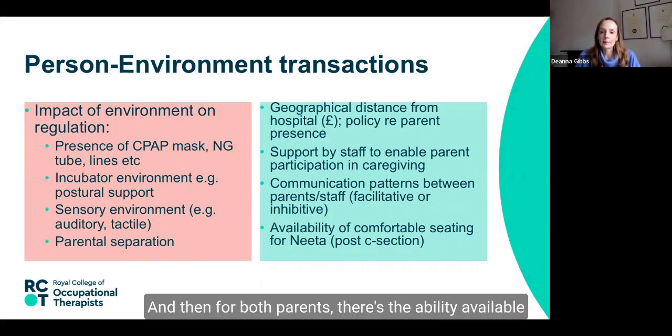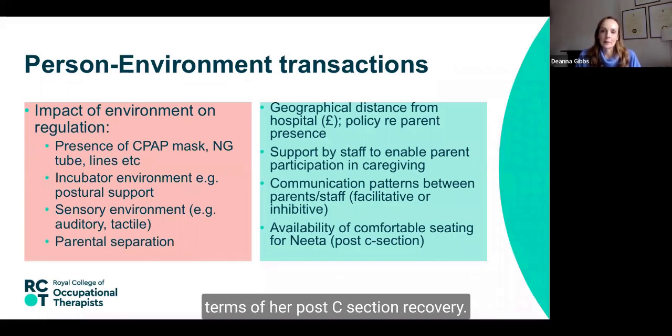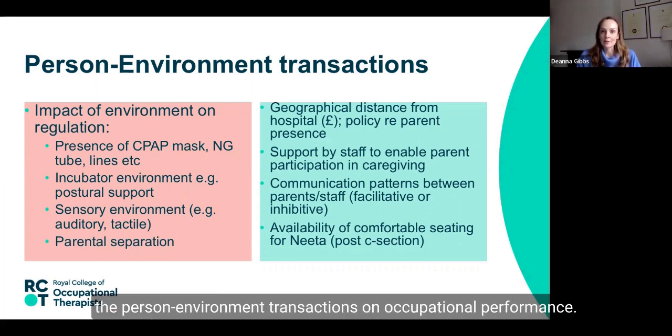And then for both parents, there's the available seating to be able to be comfortable and present at their daughter's bedside, but particularly for Nita in terms of her post-C-section recovery. So there's a range of different specific things that we would need to consider both for Sophia as well as her parents in terms of the person-environment transactions and their effect on occupational performance.